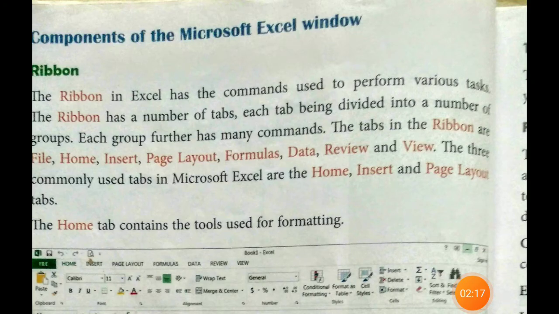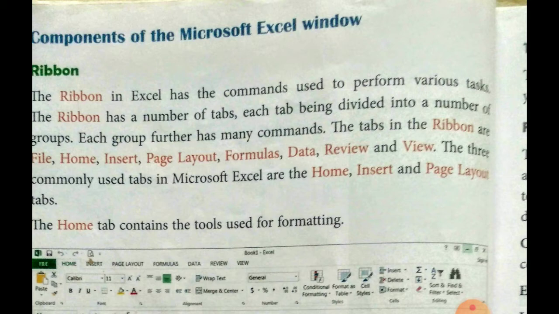Children, components of the Microsoft Excel window. First, the ribbon. The ribbon in Excel has the commands used to perform various tasks. The ribbon has a number of tabs, each tab being divided into a number of groups. Each group further has many commands.